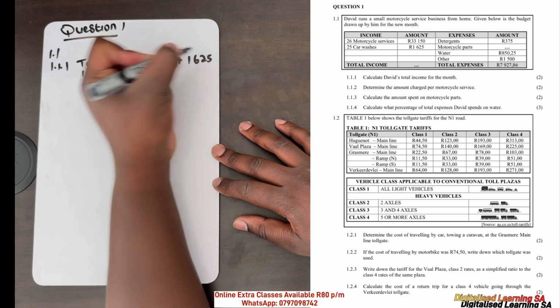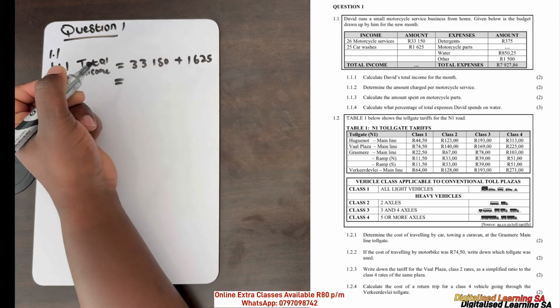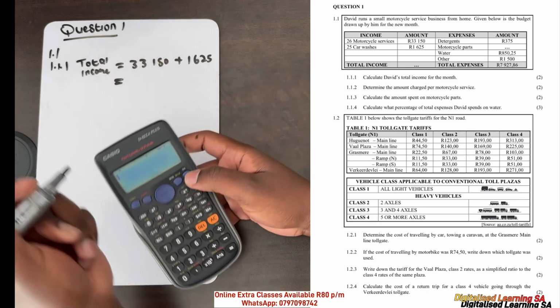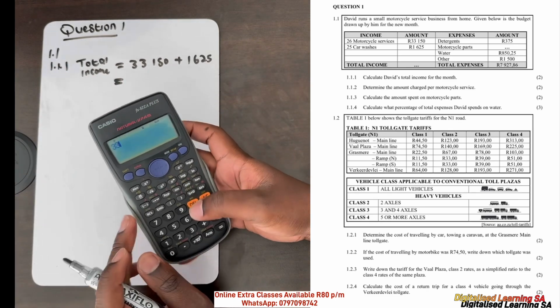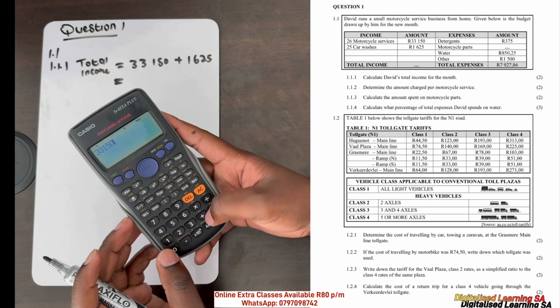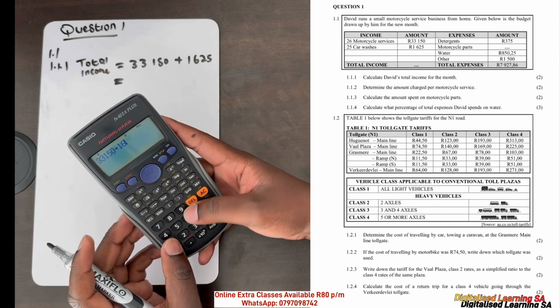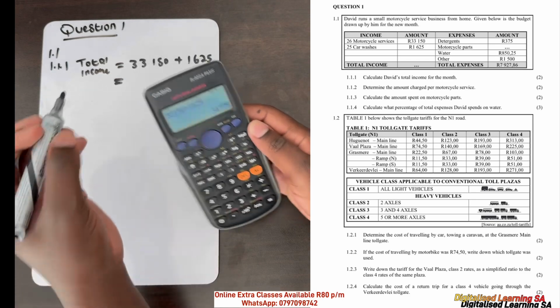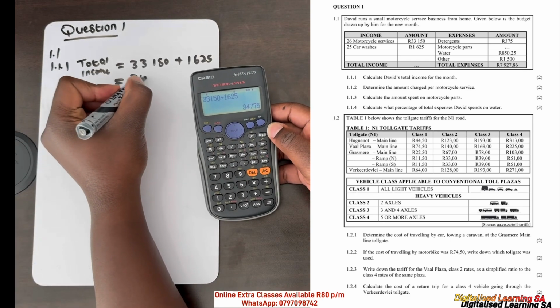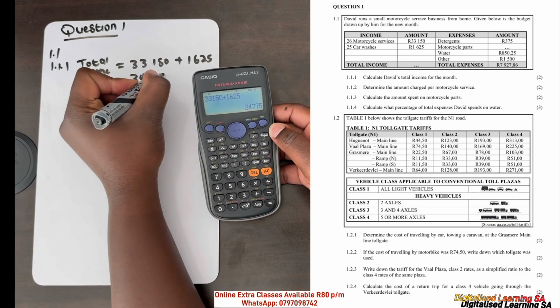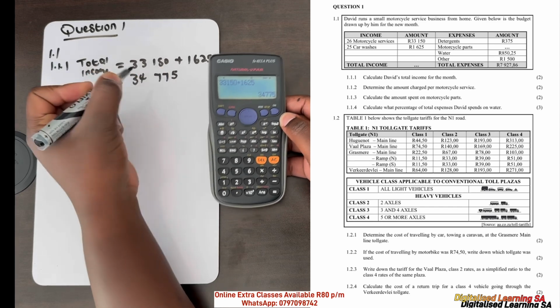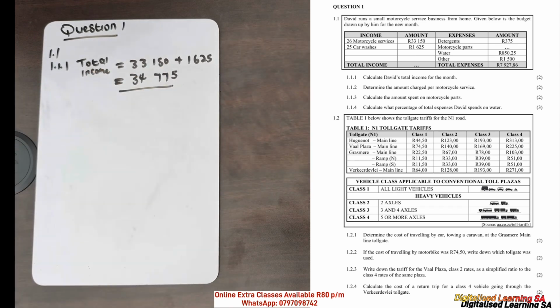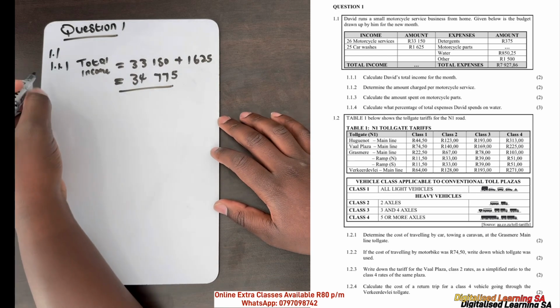It will be 33,150 plus 1,625, and our total income will be 34,775.